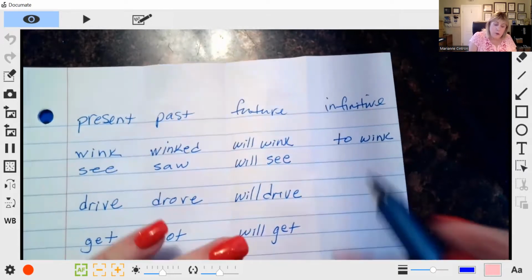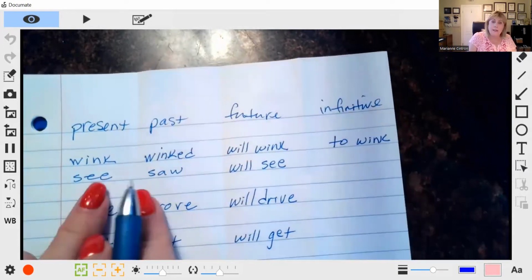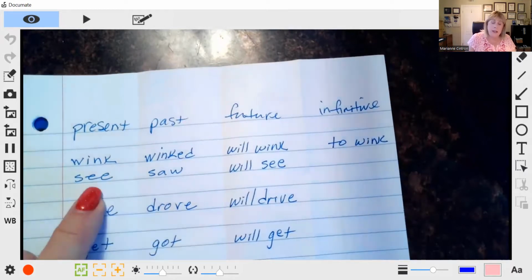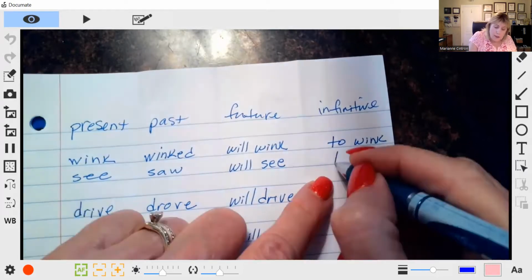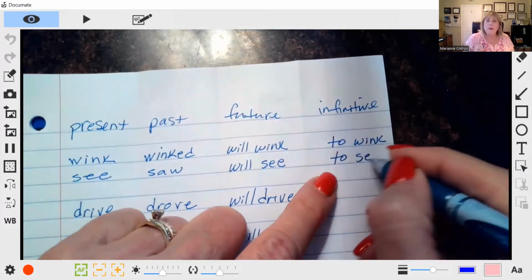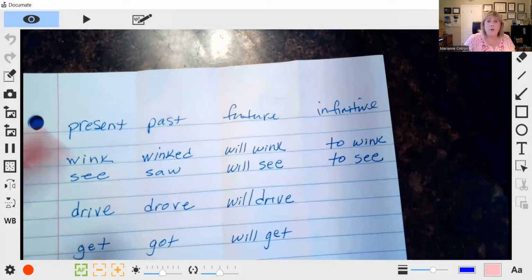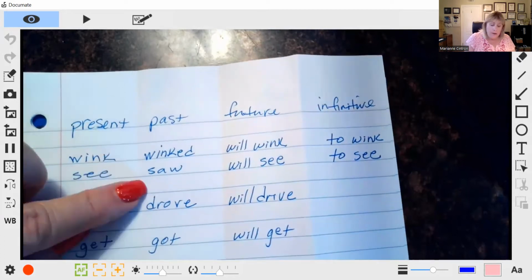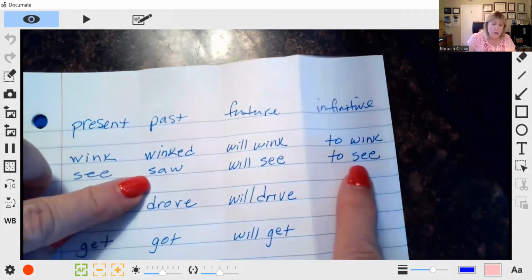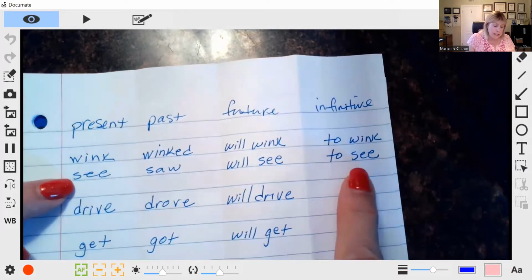So write to wink. So the word see, the infinitive is: you're going to see the answer if you look. To see. You're going to see the answer. So it doesn't matter if the verb is regular or irregular, the infinitive follows the present tense.